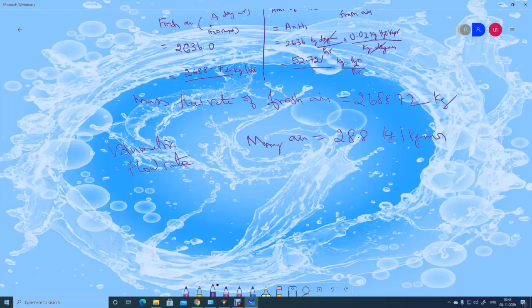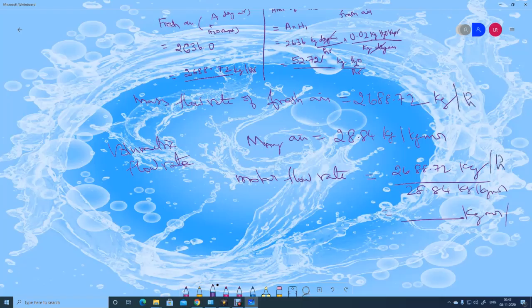Okay, so what is the molar flow rate? Molar flow rate is 2688.72 kg divided by 28.84 kg per kg mole, which will give kg moles. This is kg per hour, so what we get is kg moles per hour.